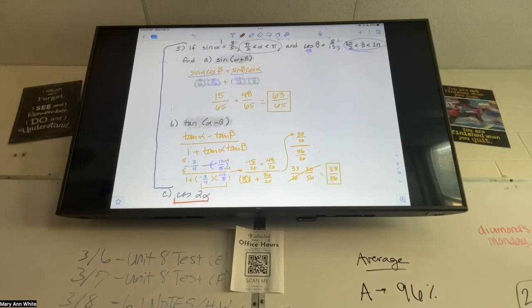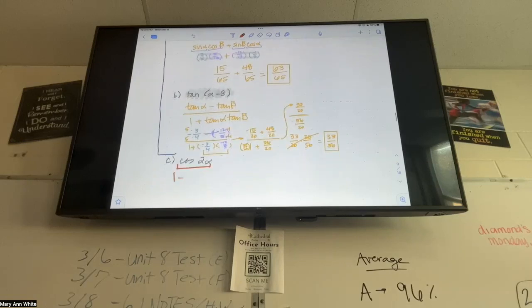Of my cosine double angles, since I was given sine of alpha, I am most likely going to do the one that says 1 minus 2 sine squared alpha, or theta or x or whatever you want to call it. I'm most likely going to do that one because they gave me sine.